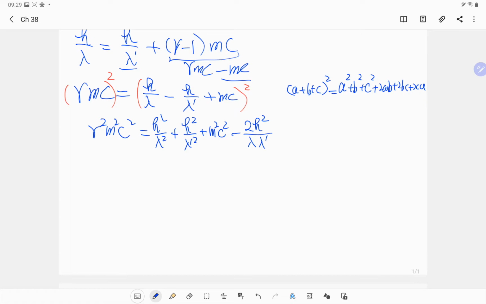So 2ab, and then 2bc should still be negative, minus 2h mc over lambda prime, and then 2ca should be plus 2h mc over lambda.